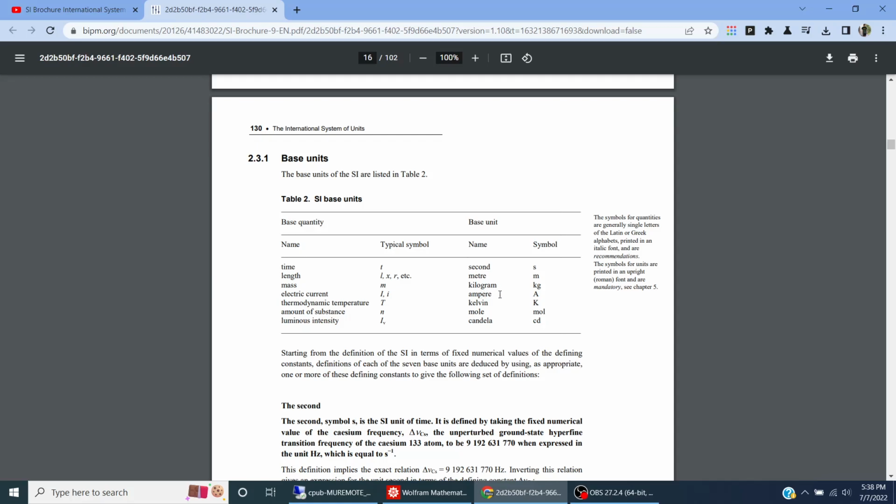Base unit ampere, symbol capital A. Base quantity, thermodynamic temperature, typical symbol capital T. Base unit kelvin, symbol capital K. Base quantity, amount of substance, the typical symbol n. Base unit mole, symbol mol. Base quantity, luminous intensity, typical symbol I with subscript v. Base unit candela, symbol cd, lowercase.